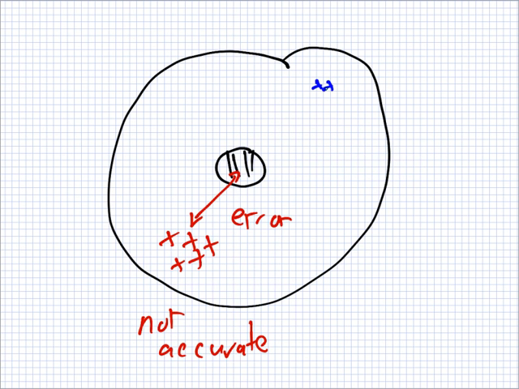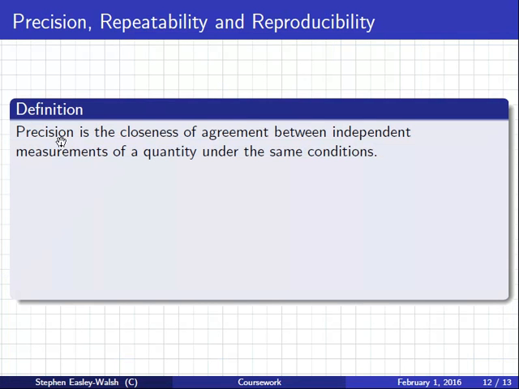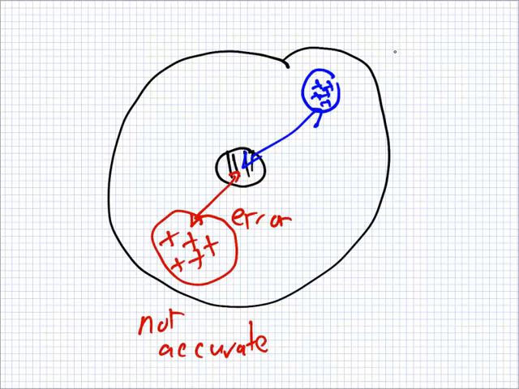What about this one? Is it accurate? No, it's also not accurate. However, these values are closer together than these values. Do you know what I mean? Like they are closer together. So we can say that this is at least precise. Precise. That the values are close together.